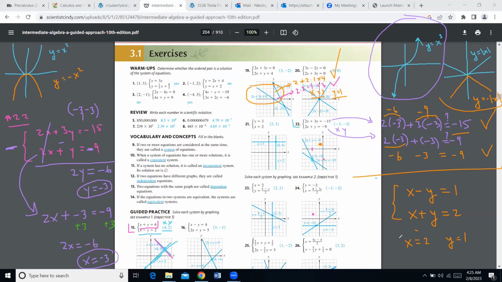So the question for the quiz is: is this a solution? Is x indeed equal to 2? Is y equal to 1? So that's a yes or no question. Is this a solution? Just tell me either yes or no.